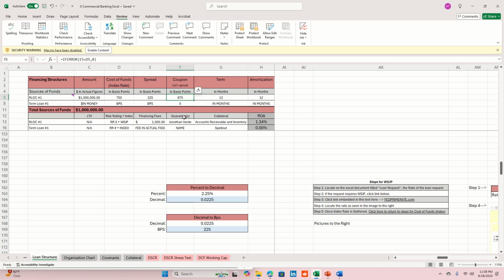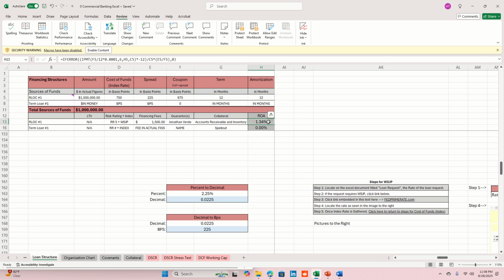After you fill this chart out, then you'll end up with a ROA, which is your return on asset. Remember, banks don't make a lot of money on the loans that we give out. So when you see this revolving line of credit, when you see this ROA of 1.34, that means that on this $1 million, we're going to profit 1.34%. That 1.34 is a combination of the financing fees plus the spread that we charge over these 12 months.